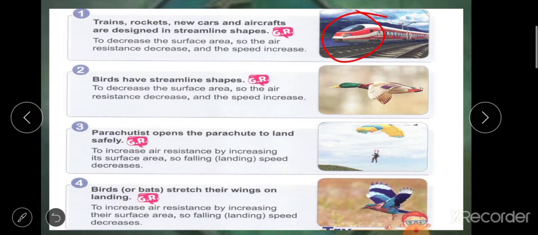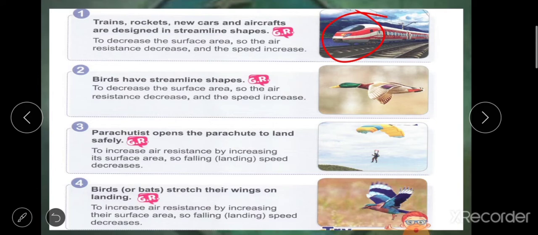So the air resistance or the friction, as we said before, decreases the speed. If I have a decrease in the air resistance, the speed will increase. So why do the trains, the rockets, the new cars, and the aircrafts have a streamlined shape? To decrease the surface area, so the air resistance decreases and the speed increases.